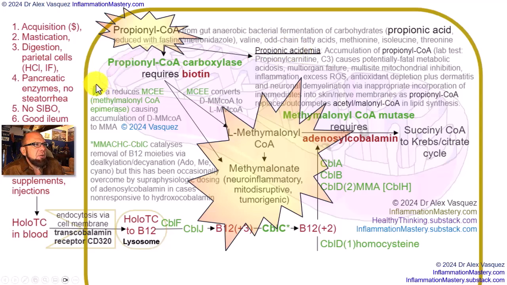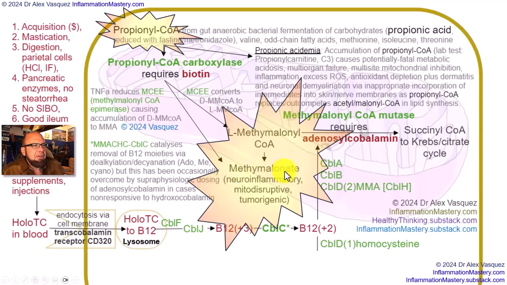Alternatively, if they have too much inflammation in their body and they're creating too much tumor necrosis factor alpha, that's going to reduce the expression of this enzyme, which converts the D isomer into the L isomer so that this methylmalonyl-CoA can be detoxified. If it's not detoxified through this route, then it accumulates as methylmalonic acid, which you can test with laboratory testing, and that's pretty much the emphasis of today's presentation.